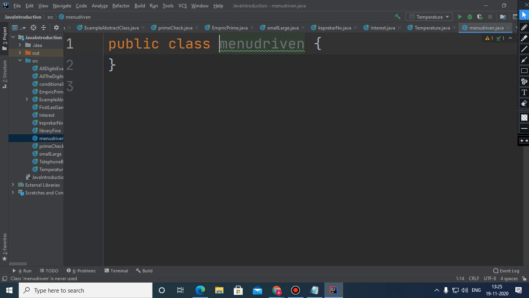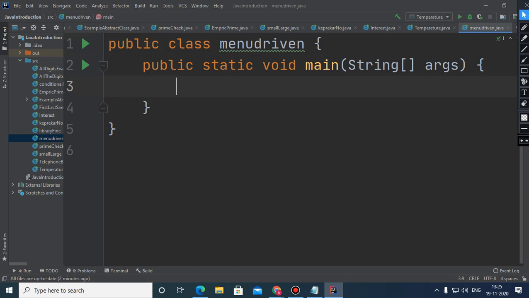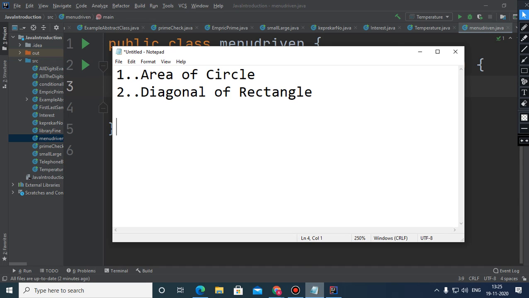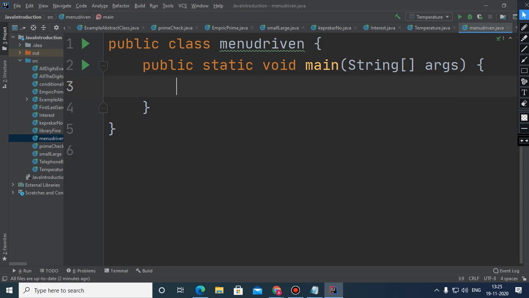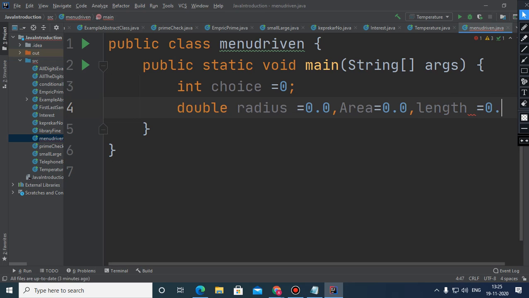The first is area of circle, and the second is diagonal of rectangle in choice, and double radius, and one variable is area. The other two variables are length and breadth.